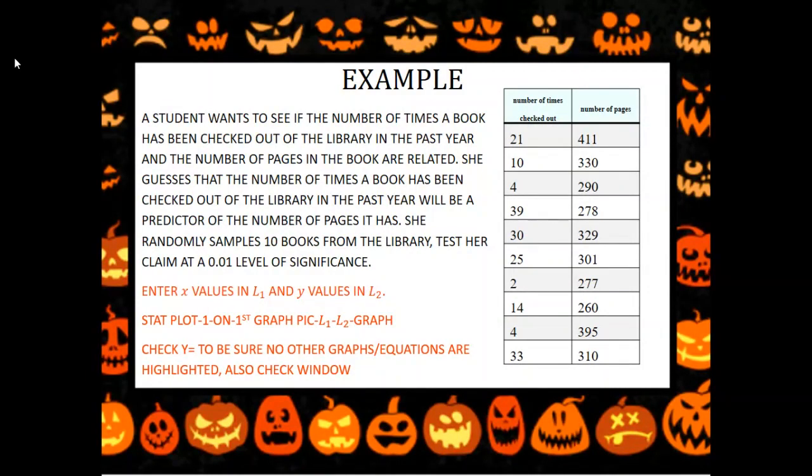That means it's going to want to graph that. You don't want it to graph anything except plot number 1. So make sure that nothing on your screen is highlighted except plot 1. You can unhighlight just by going to the equal sign, push enter, and now it's unhighlighted. When you look at your screen, only plot 1 should be highlighted.